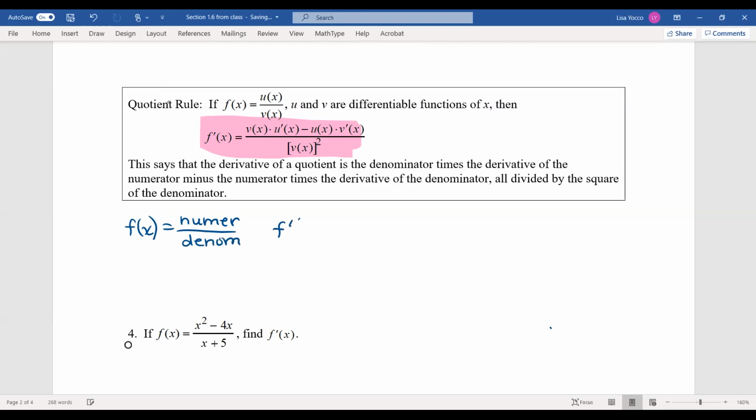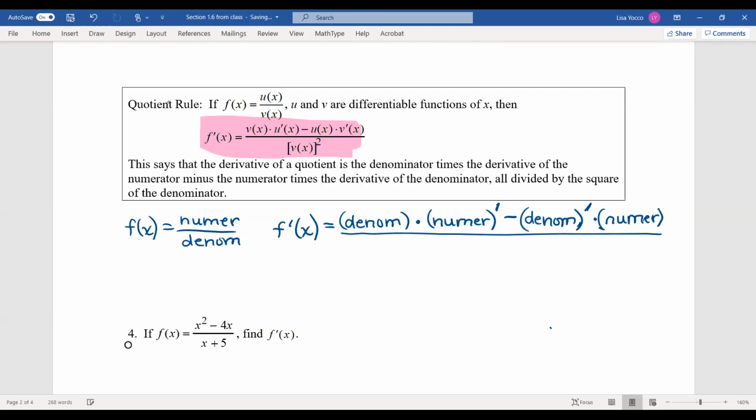And the rule for the derivative is the denominator times the derivative of the numerator minus, and then we swap them around, the denominator derivative times numerator. And that's all over denominator squared.